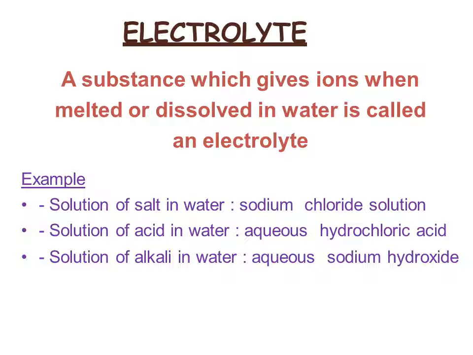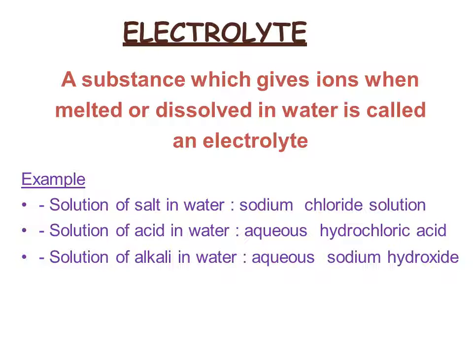Then we have alkali in water, a solution of alkali in water, sodium hydroxide. So we have dissolved salt, acid and alkali in water, and these substances release ions, which makes them very good conductors of electricity.